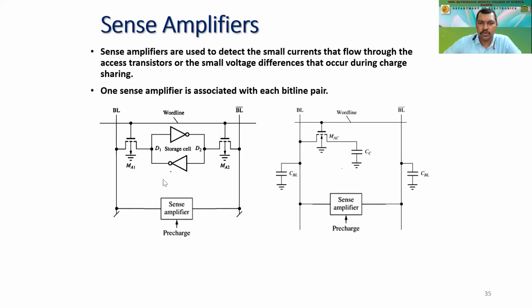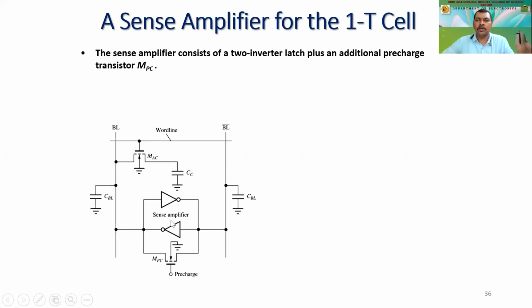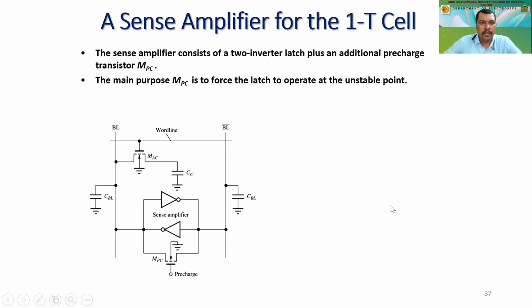The difference is taken as the output of that, right? The sense amplifier consists of two inverter latches plus an additional pre-charge transistor, as shown in this diagram, transistor MPC. So we have this total sense amplifier like this, and this is for, say, the 1T cell.